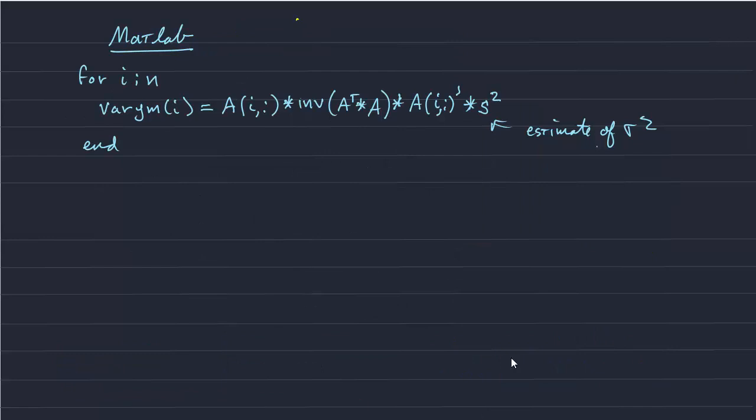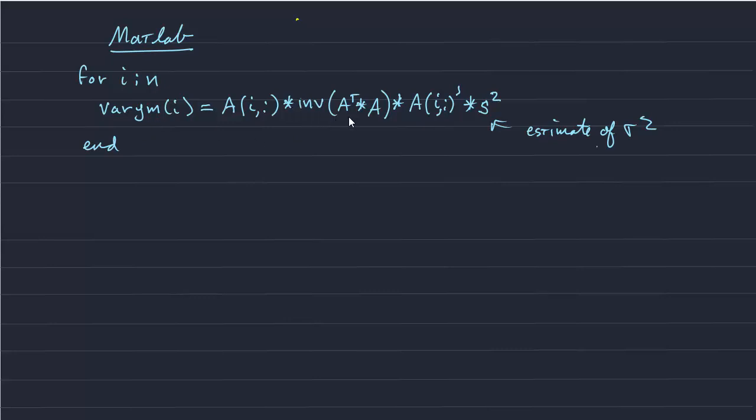So to write this out in MATLAB, I would write a for loop because the variance of ym at each value of y must be defined. And the ith row of A is A written as I've shown here, the ith row for all the columns of A. And A, of course, was already defined because we would have already solved the least square problem, because now we're just looking at the confidence intervals.